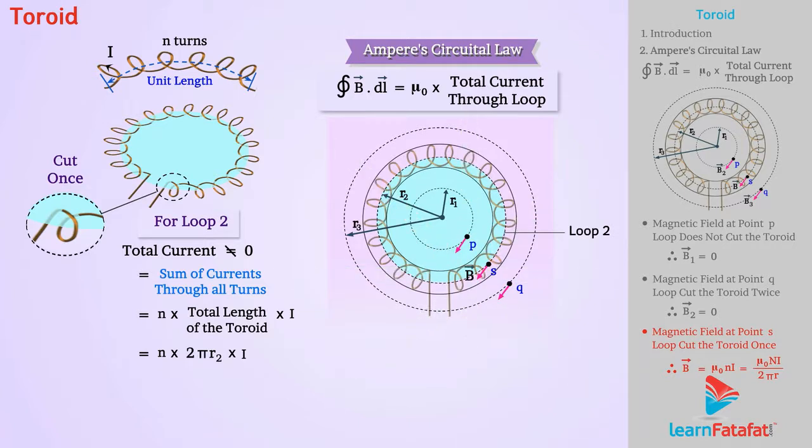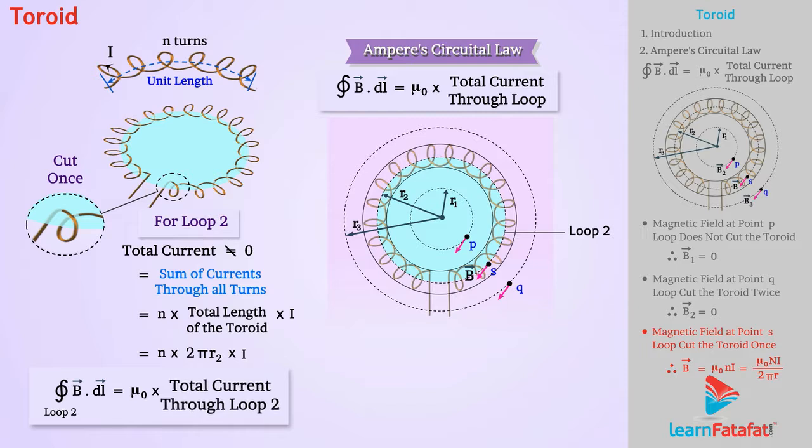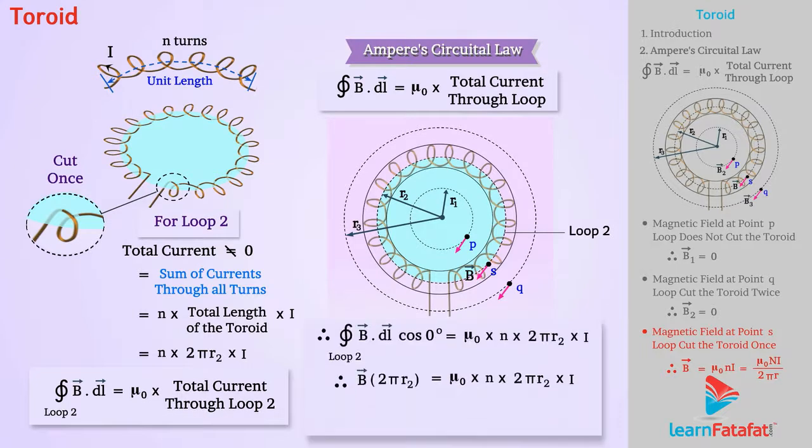If B is the magnetic field at point S on loop 2, then applying Ampere's law, we get line integral of loop 2 B dl equals mu0 into total current through loop 2. On simplification, we get, therefore B equals mu0 into nI.